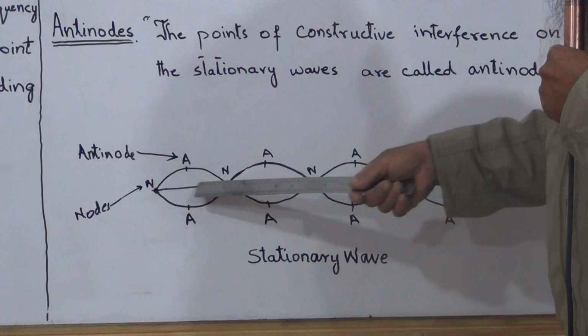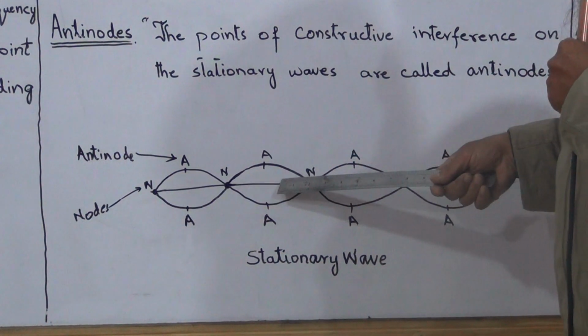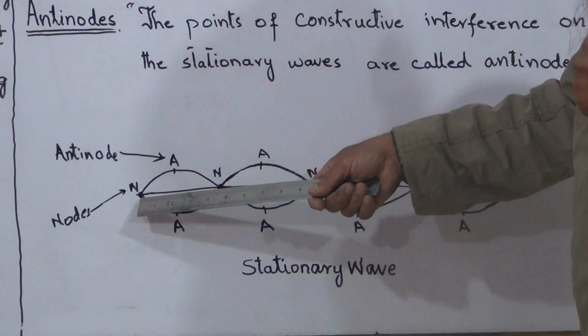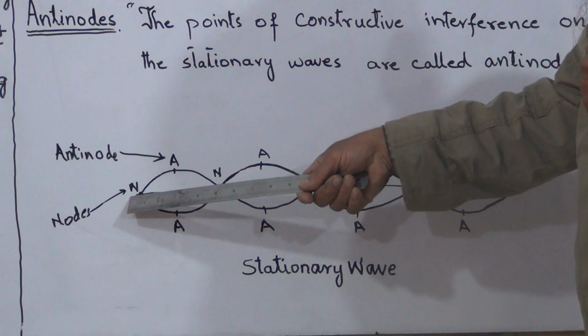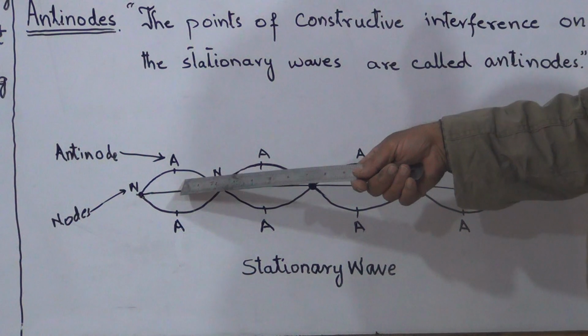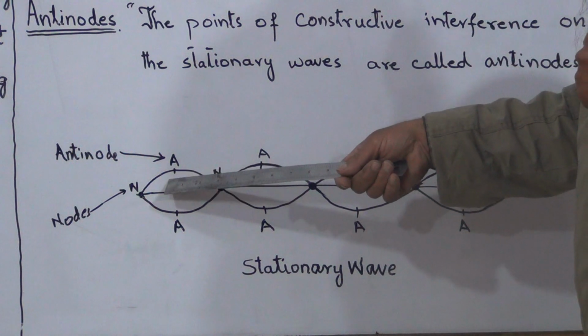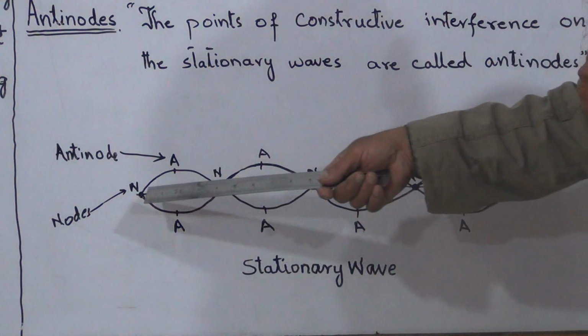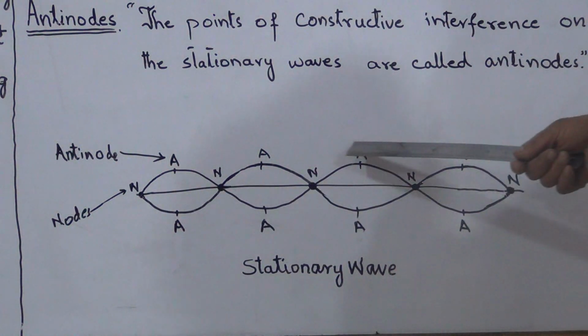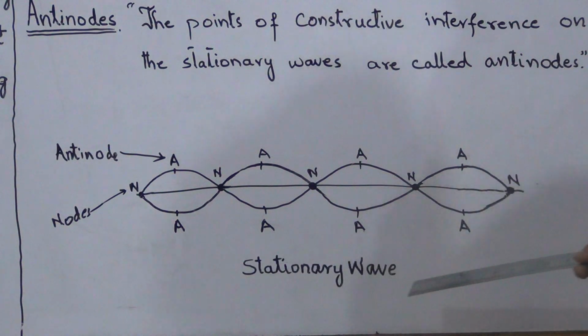Both are producing a pattern, that is a stationary wave, and these are the points. The point that is on the mean position is a node, and the point that is on the extreme position of the wave is an antinode. So these are the nodes and antinodes of stationary waves.